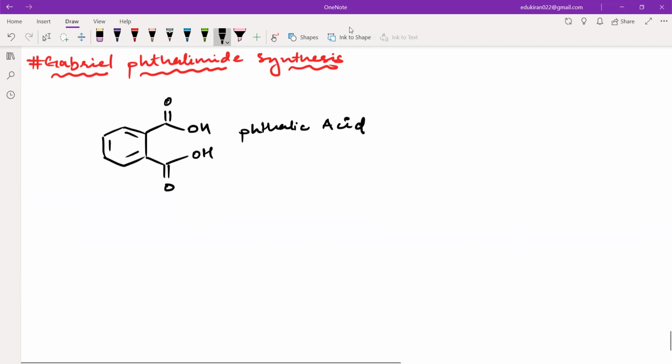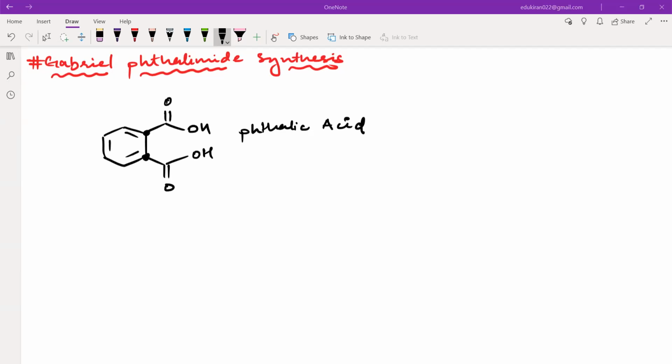Can you remember this molecule? Yes or no? Phthalic acid. Yes guys, you will remember phthalic acid. If in a benzene ring two adjacent carbon atoms have carboxylic acid attached to them, it is known as phthalic acid.